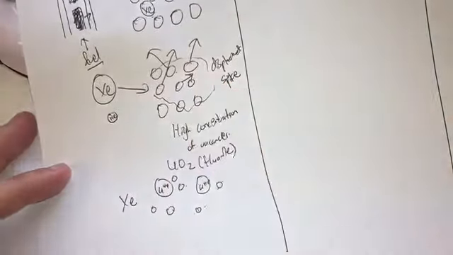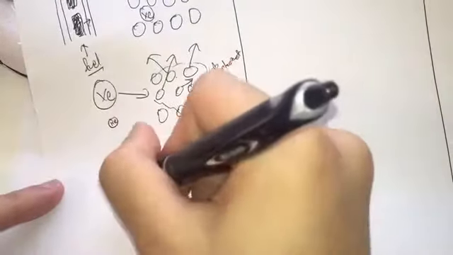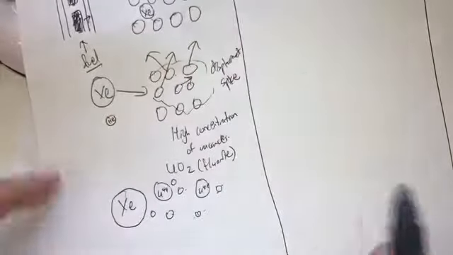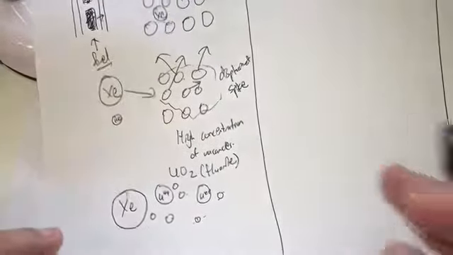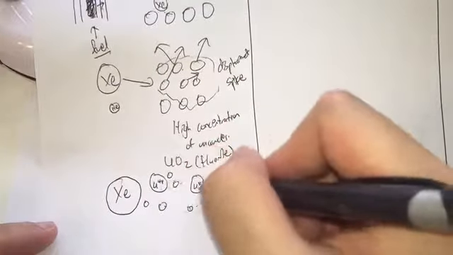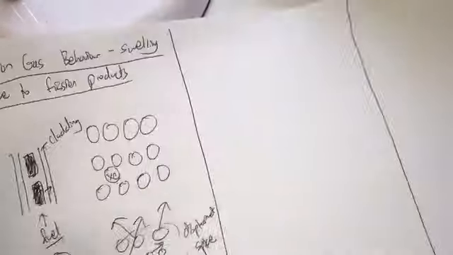These are smaller ones, they're like oxygen. Xenon is a very, very, very big atom. And it's so big that it cannot just migrate through this uranium oxide lattice through a single vacancy mechanism.